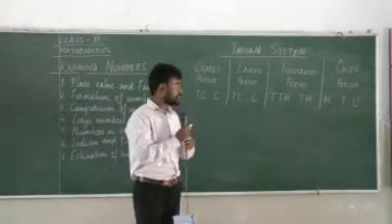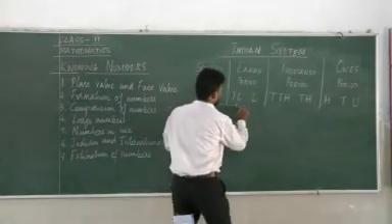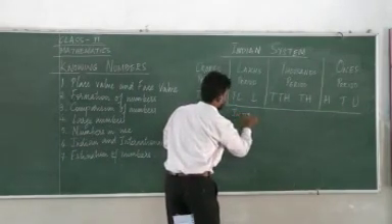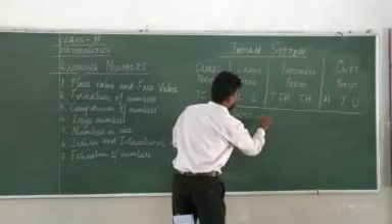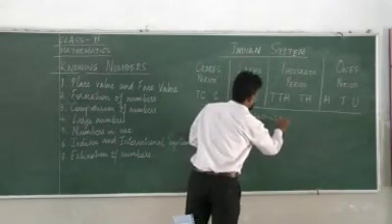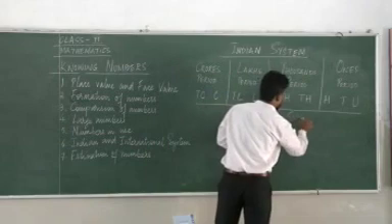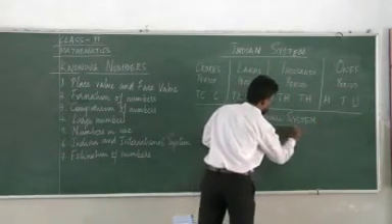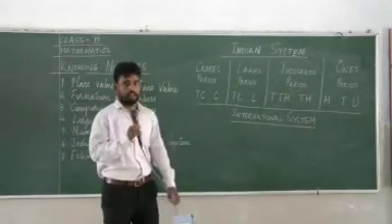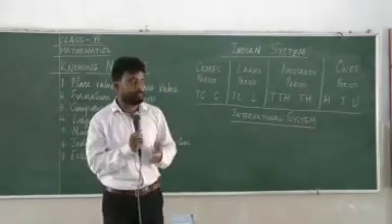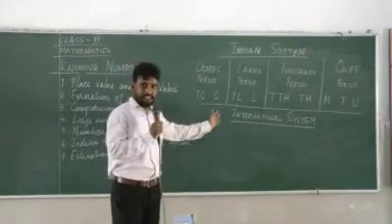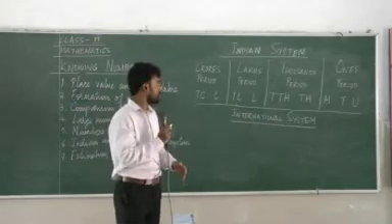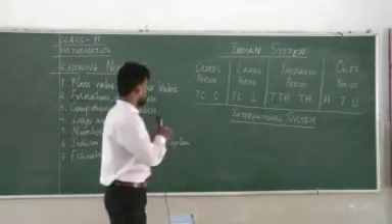Let us come to the international system. Now, in international system, we have billions, millions, thousands, and ones as well. So let's come to the billions period.